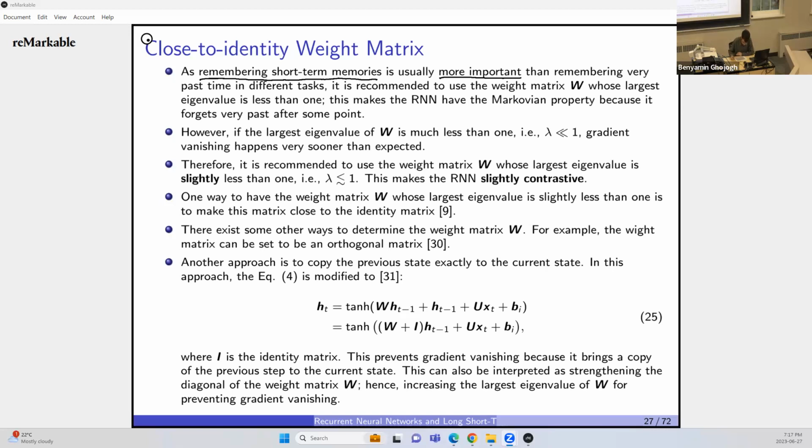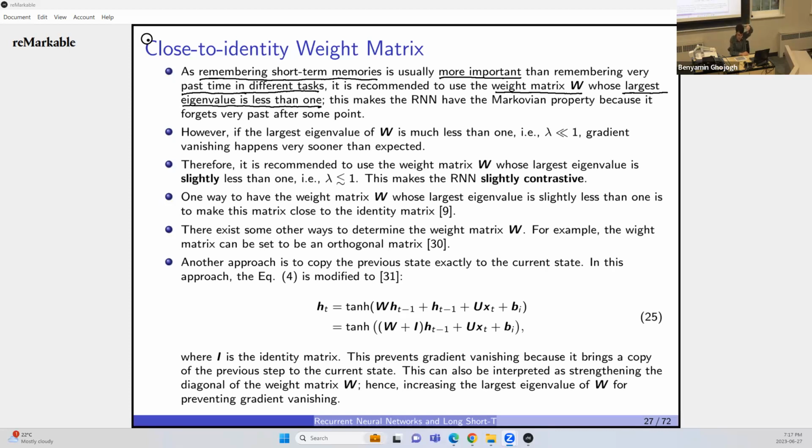So remembering short-term memories is usually more important than remembering the very distant past in different tasks. It is recommended to use the weight matrix W whose largest eigenvalue is less than 1. You remember? As we talked about, if it is greater than 1, then the long-term past dominates, right? But we want to learn short-term memories.